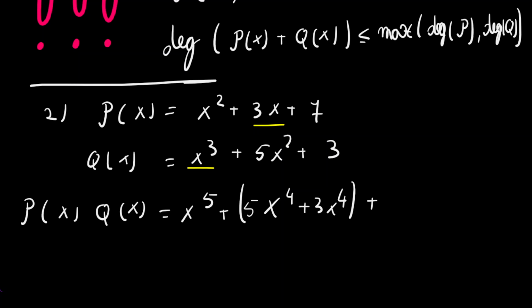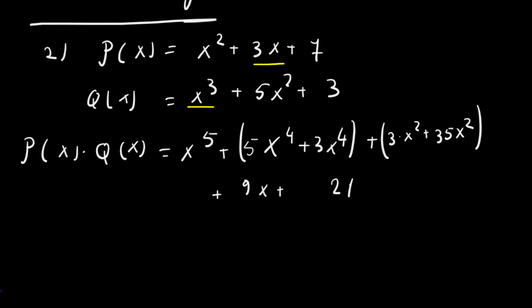So I will have something like this: 3 times x squared is going to be 3x squared plus 35x squared, and for x times 3 we have 9x, plus nothing, so we have only 9x, and also I will consider 21.